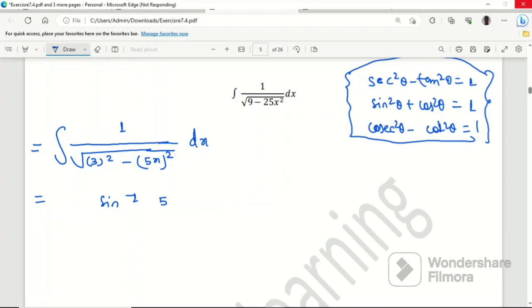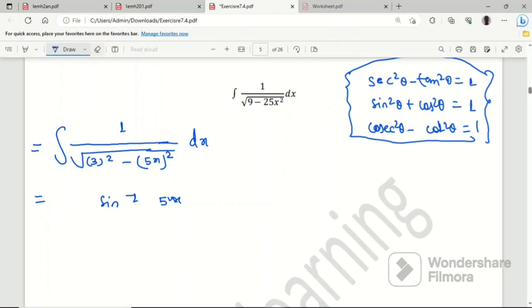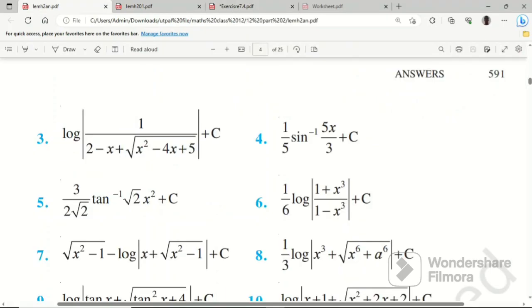We'll differentiate 5x. After differentiating, we get 5 outside. Since it is integration, we'll write 5 in the denominator. So I'll write sine inverse 5x upon 3 with 5 as the denominator, plus c as our answer. So we can check: 1 by 5 into sine inverse 5x upon 3. So it's right.